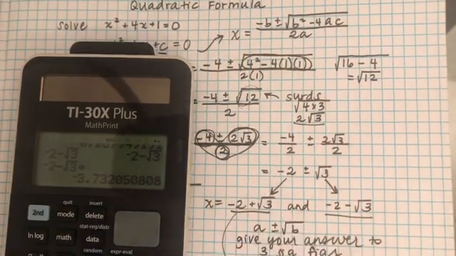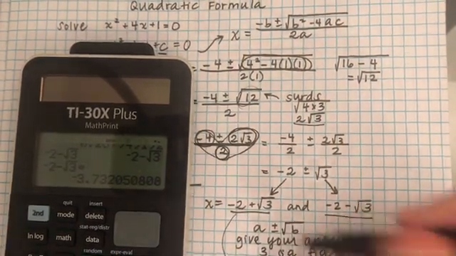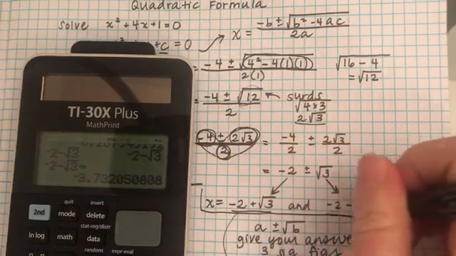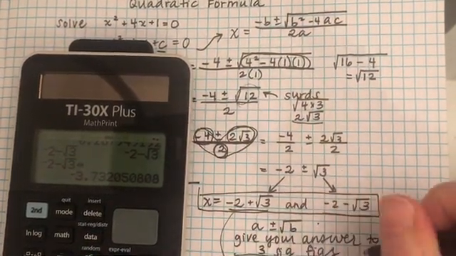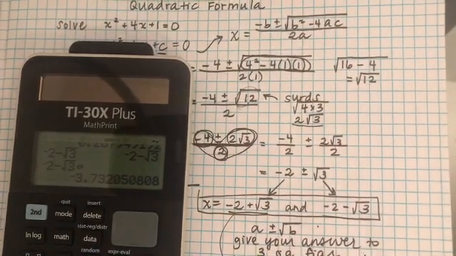So those would be your two answers. It just depends on how you're asked to give them. This is acceptable or this is acceptable, depending on what they tell you to answer with.